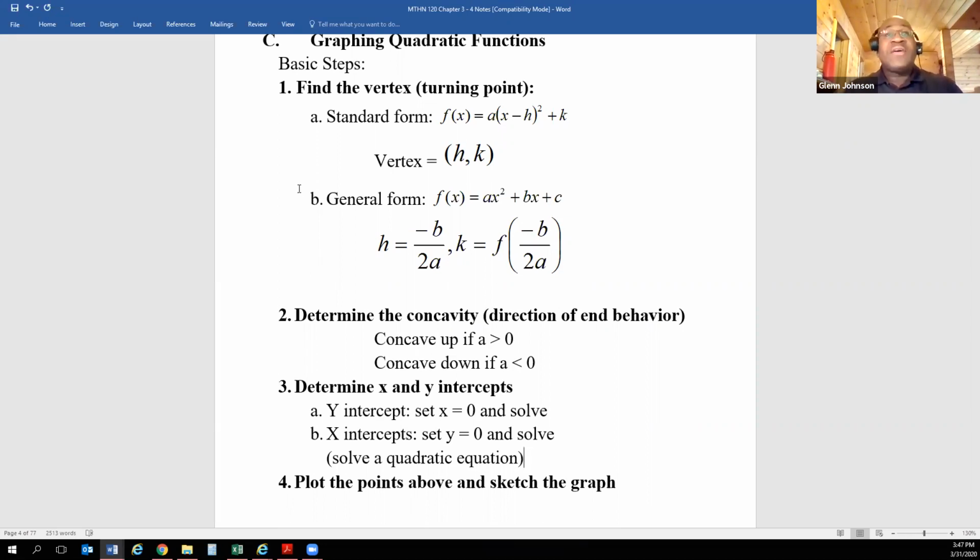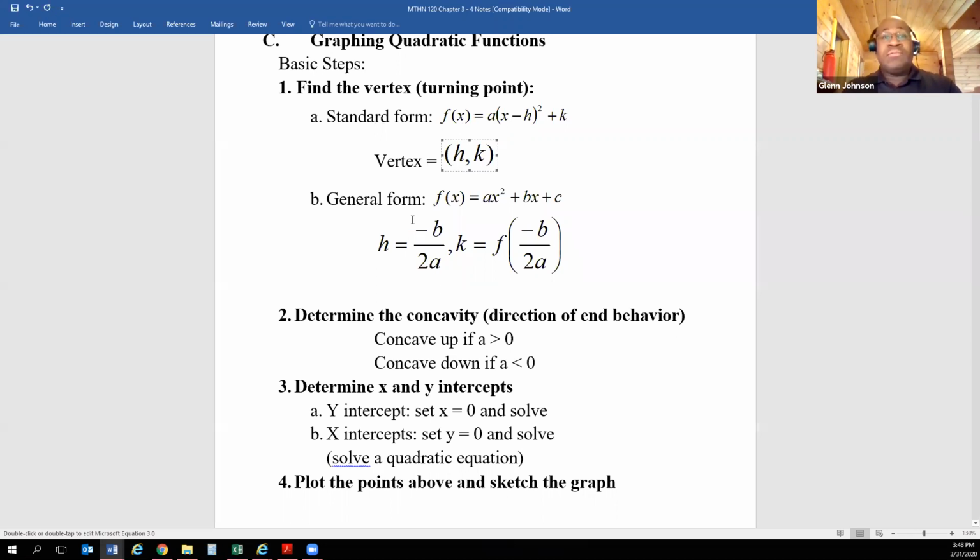If the quadratic function is written in vertex form that we talked about, a times (x minus h) squared plus k, the vertex is simply going to have the coordinates (h, k). So you can see why I refer to this as the vertex form, because the vertex is actually right there in the equation.